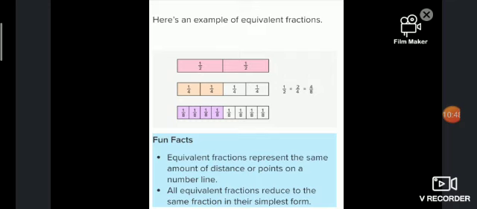In the same way, if you cut a 1 by 4th part into two equal pieces, it will be 1 by 8, 1 by 8, and so on.